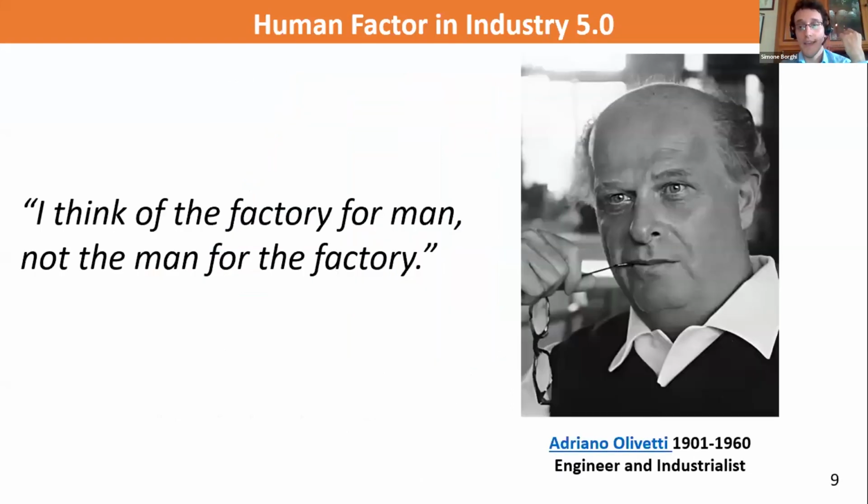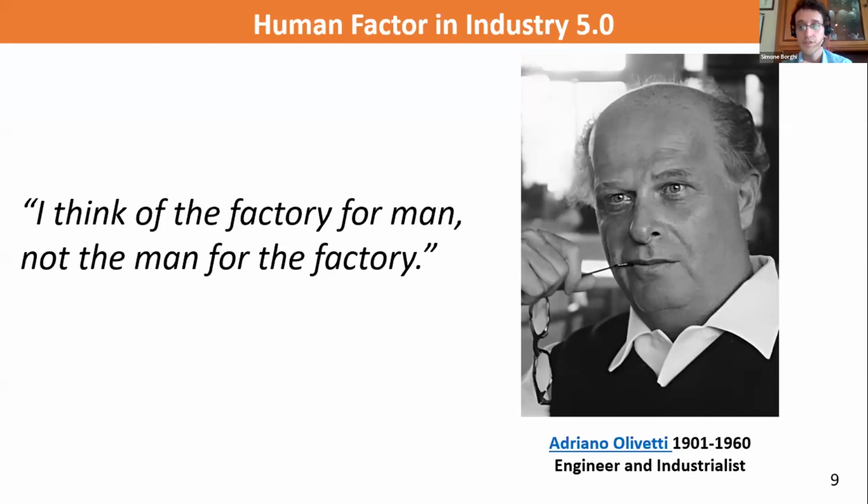So, with this aim, the paradigm of Industry 5.0 puts the human at the center of the entire production system, of which I think the quote of Olivetti, a great and visionary Italian industrialist of the last century, is very powerful. In fact, the goal is to empower human workers and enhance their capabilities, creativity, and well-being. In this context, technology serves as a tool to augment human skill, increase efficiency, and improve health and working conditions.